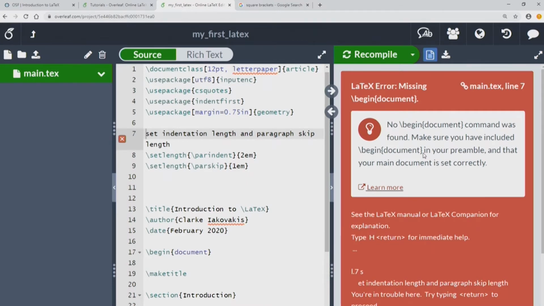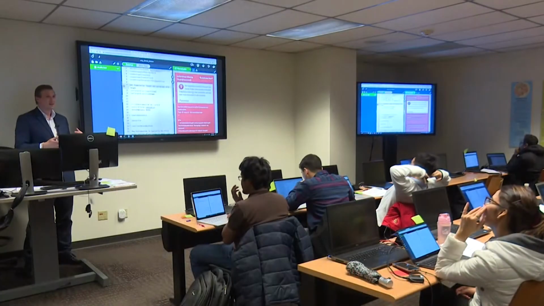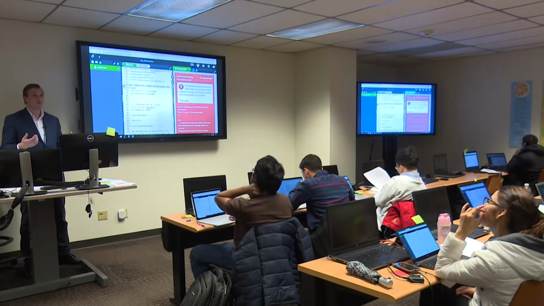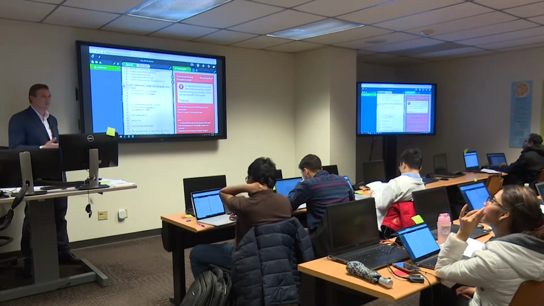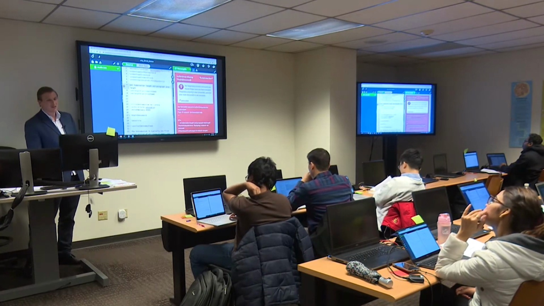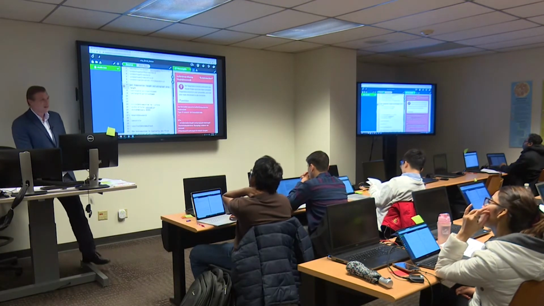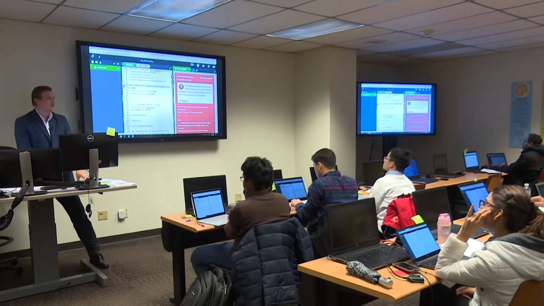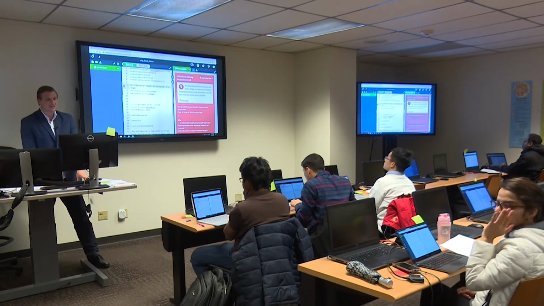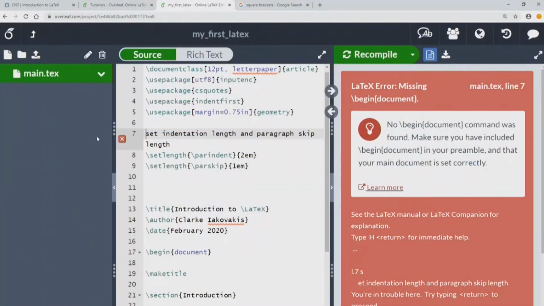Some of the other LaTeX compilers give you completely incomprehensible error messages that you have to go and Google and try and figure out what they mean. But this one gives you nice, clean error messages, and it will also usually link out so you can learn more about it. Okay? So in this case, it said no begin document command was found.